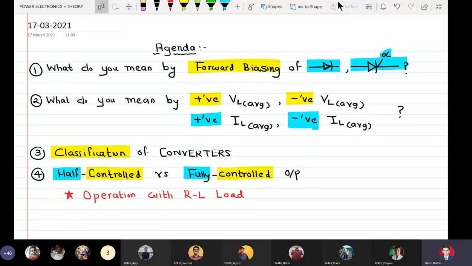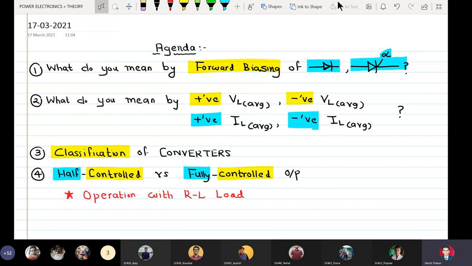Third is classification of converters, and fourth is half controlled versus fully controlled outputs in converters. And we are going to explain this concept by considering the operation of half wave uncontrolled rectifier HWUCR with RL load, right?